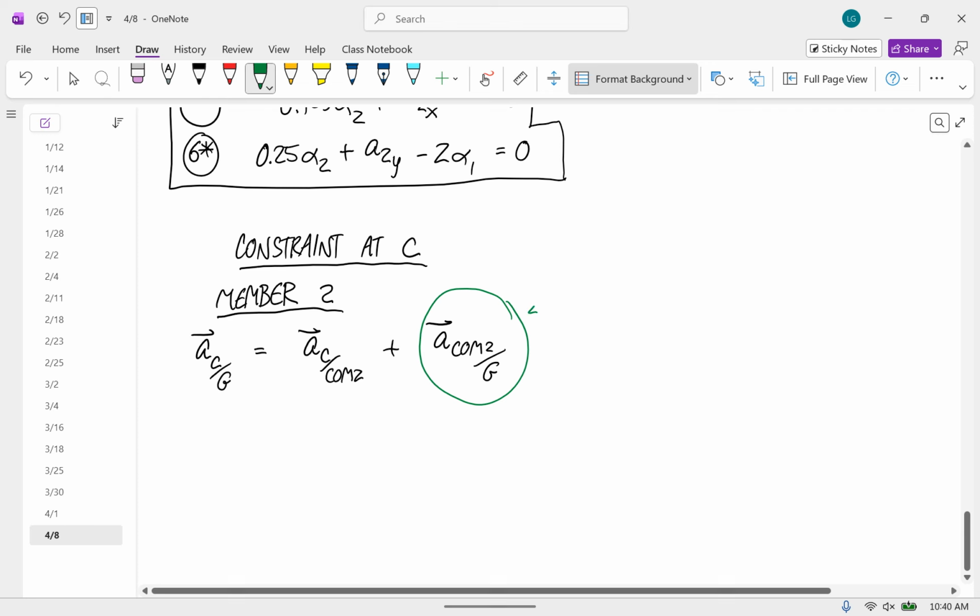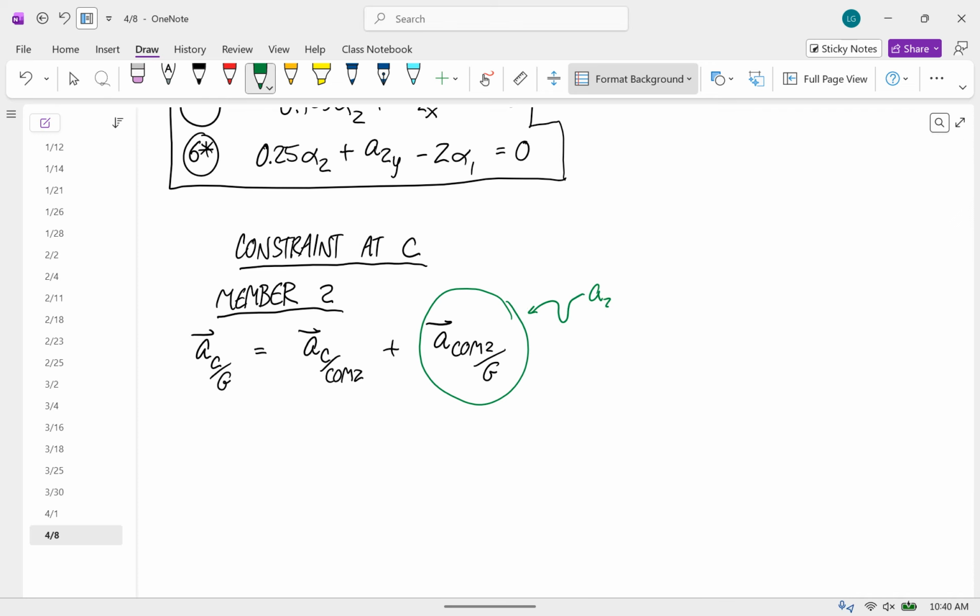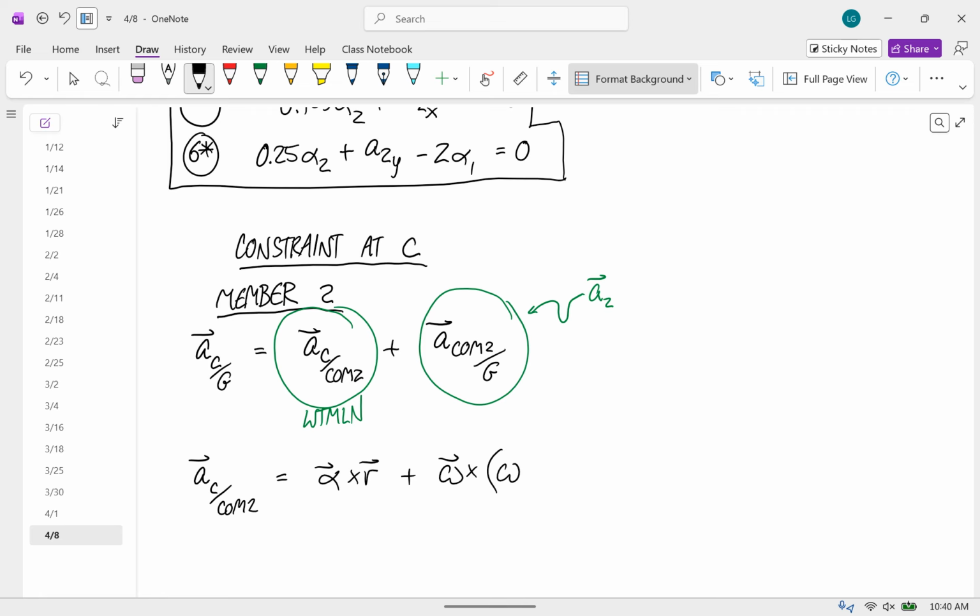And again, this is just our A2. And again, this is just the watermelon equation. So the acceleration of the point C relative to the center of mass of 2 is equal to alpha cross r plus omega cross quantity omega cross r.